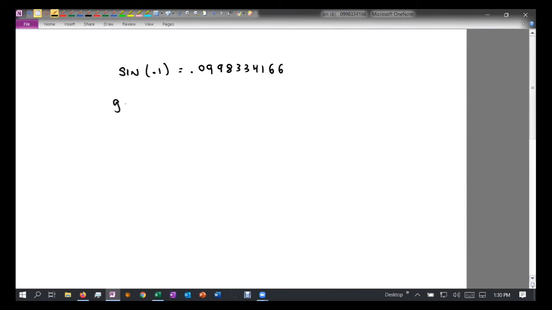But if we use our approximation function, -1/6 times 0.1 cubed plus 0.1, I get 0.0998333 repeating. Is that a pretty good approximation? Well, yes. We've got the first 6 decimal places in common.